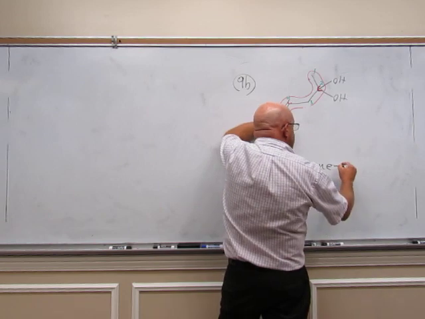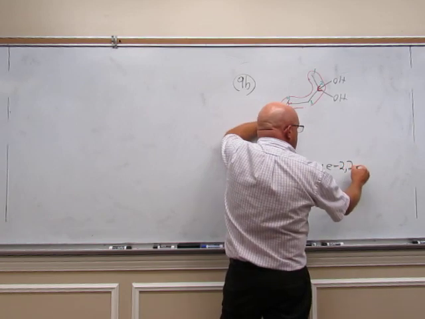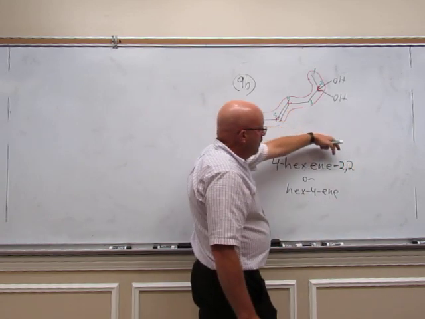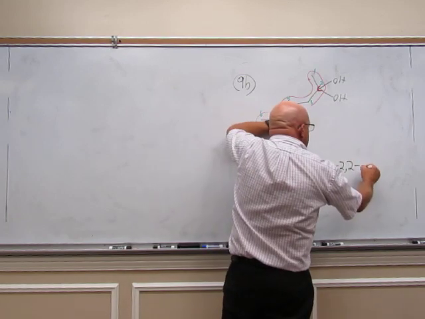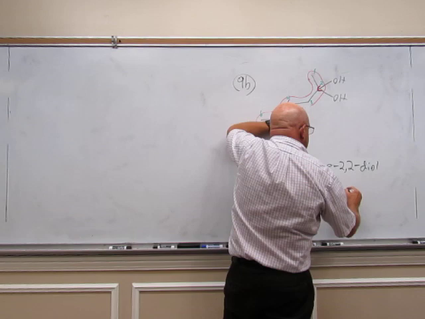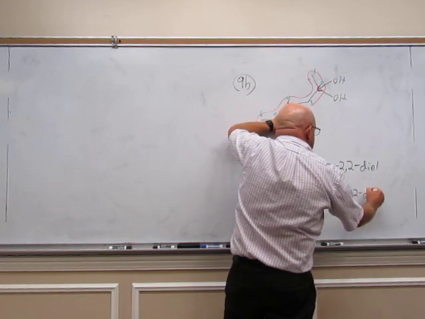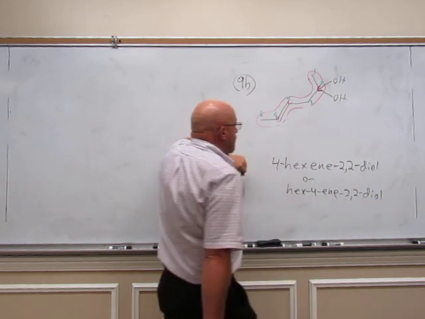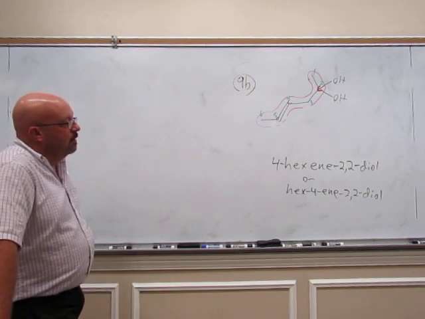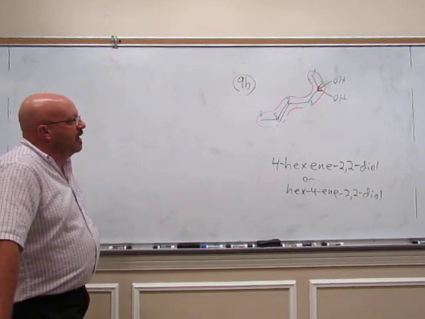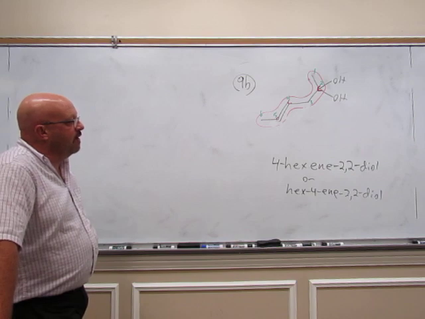You must tell the position of both of them, not just one. You have to put the 2 twice, because you have to tell where both of them are. So it's a 2,2-diol. Now we've taken care of everything in the chain and our functional groups.